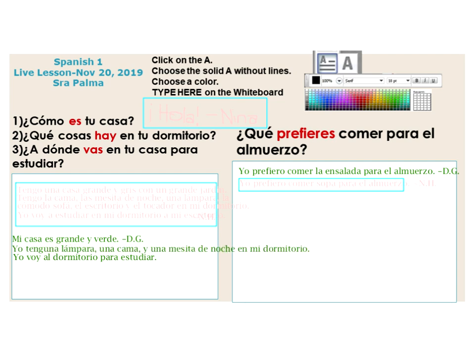Hay is there is or there are. So you would use hay in your response. En mi dormitorio, in my room, there is. Hay una cama, hay una mesita de noche, and here you would practice using that vocabulary from Module 4.